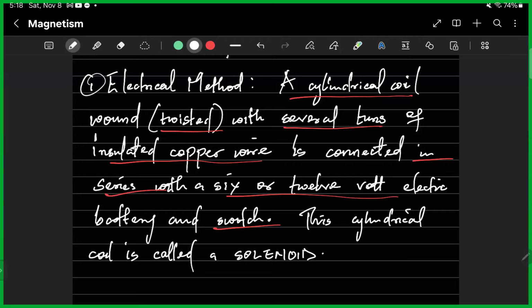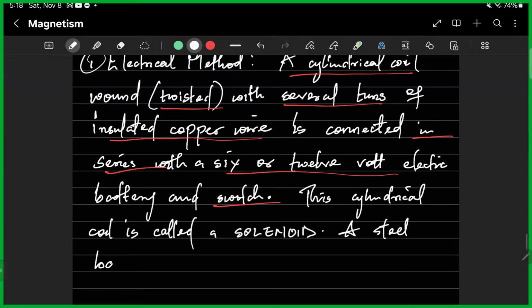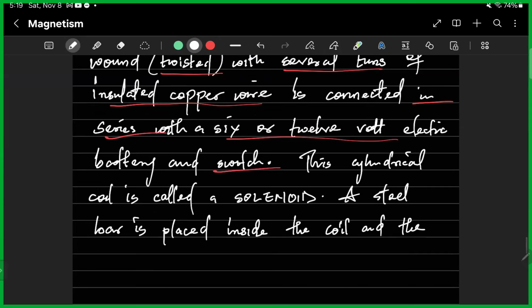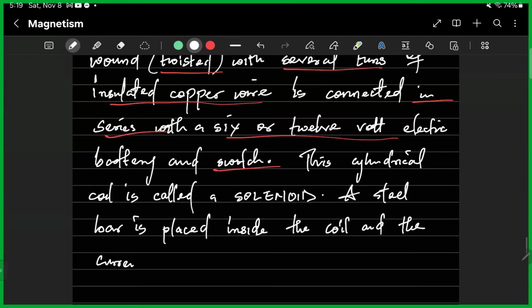So after you have this setup above, a steel bar is now placed inside the coil, and the current is switched on for some time. It's not a magnet yet.